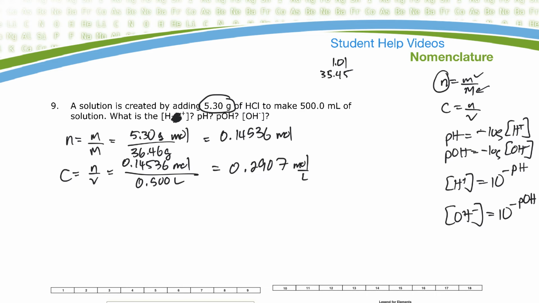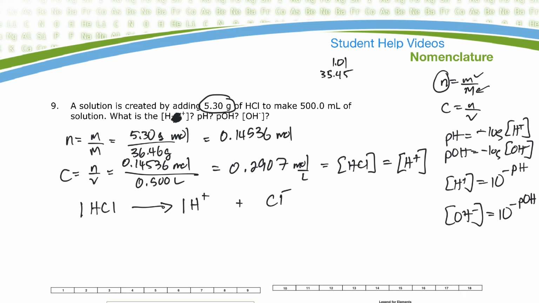And that's the concentration of HCl. Now, doing dissociation, I've got HCl dissolved in water gives me hydrogen ions and chloride ions, and this is 1:1. So this is the concentration of hydrochloric acid, but it's also the same as the hydrogen ion concentration. It'll be the same.